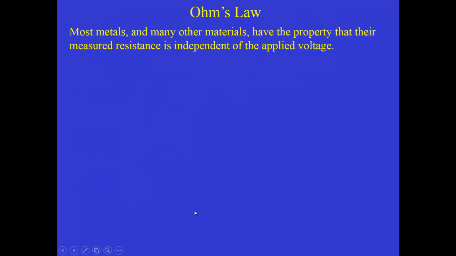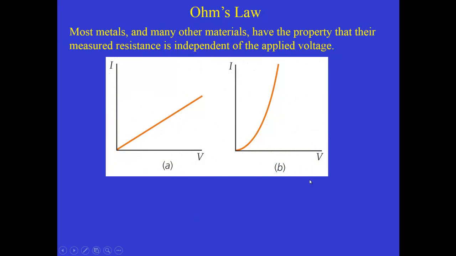Now, what's Ohm's law? Ohm's law is a separate statement. Ohm's law says that a metal that obeys it, or any other material that obeys it, has the property that the resistance is independent of the applied voltage. So here's what you would do experimentally. You would have a particular device or wire or circuit element. You would apply lots of different voltages and measure the current for each voltage and plot that on a graph.